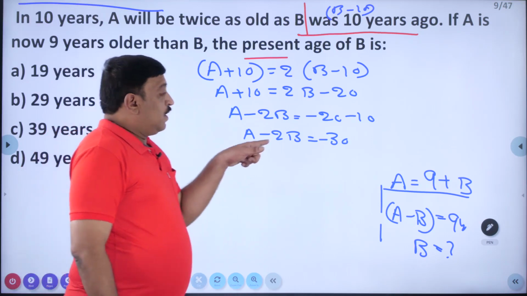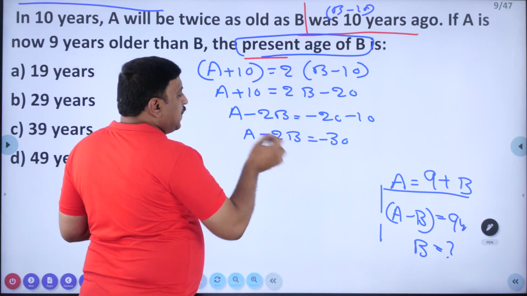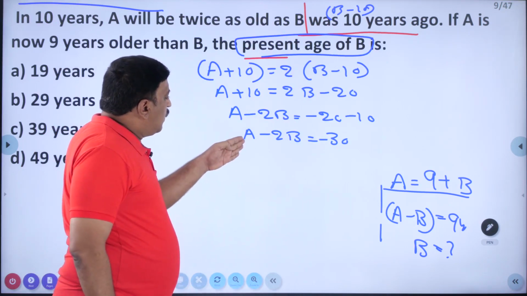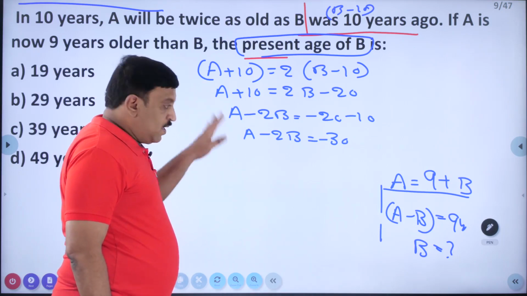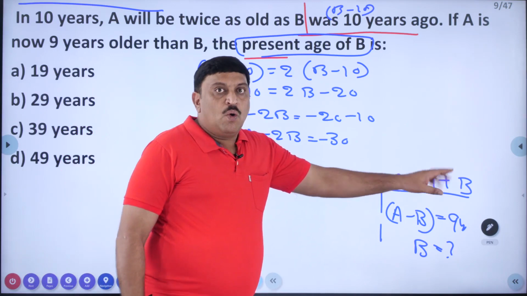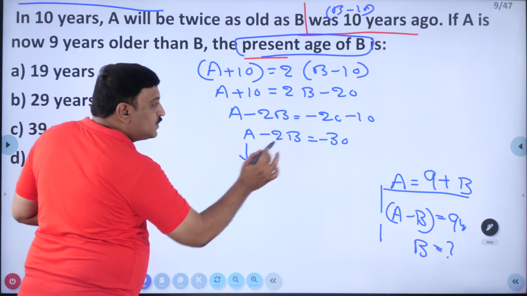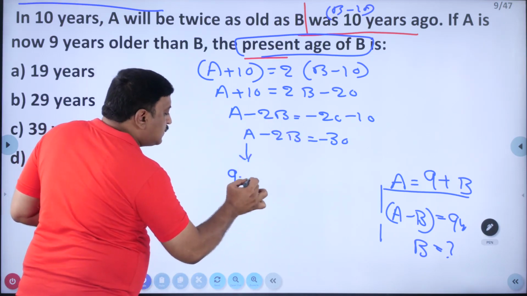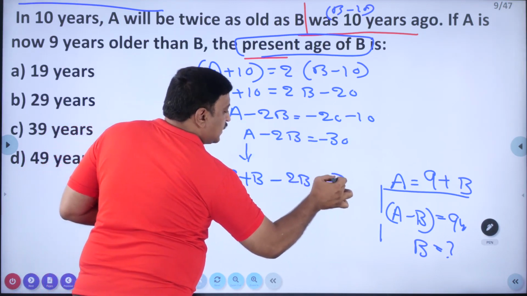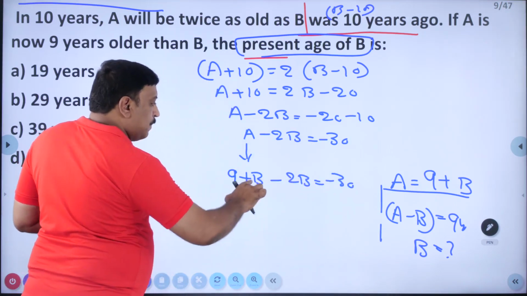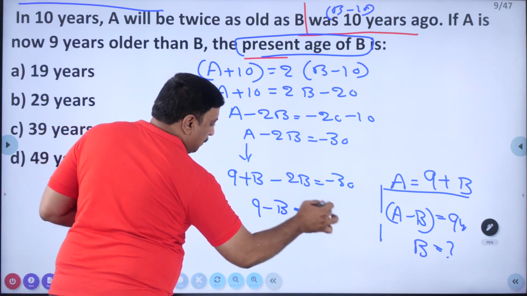Wait a while. We need B, the present age of B. To get B, we need to substitute B in place of A. We have to remove A. How to remove A? A is 9 plus B. Okay, directly I can use 9 plus B here. Right? In this place, we can use 9 plus B. So 9 plus B, right, and minus 2B is equal to minus 30. B minus 2B is minus B. 9 minus B is equal to minus 30.